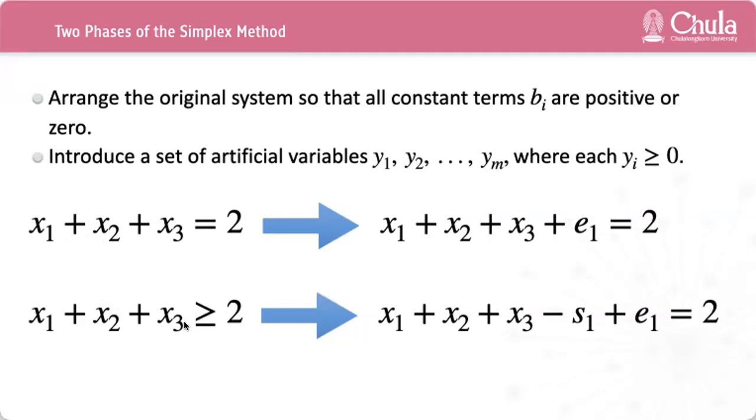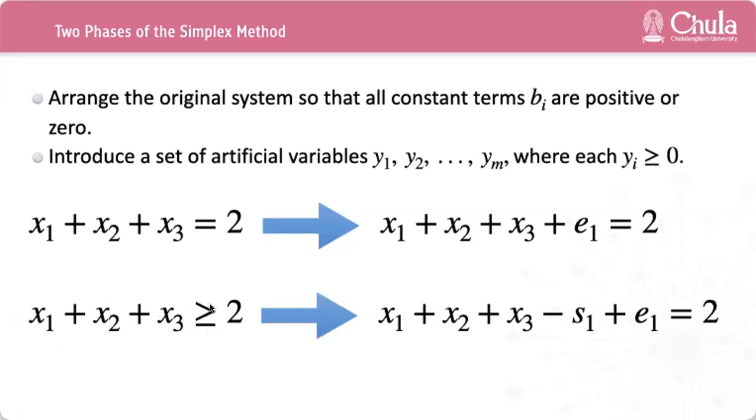Okay, and if we have this kind of thing, you see that it's x1 plus x2 plus x3 greater than or equal to. You see that the right hand side is non-negative, but the relationship here is greater or equal, not lesser or equal.